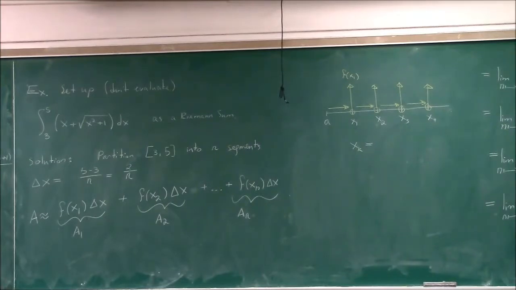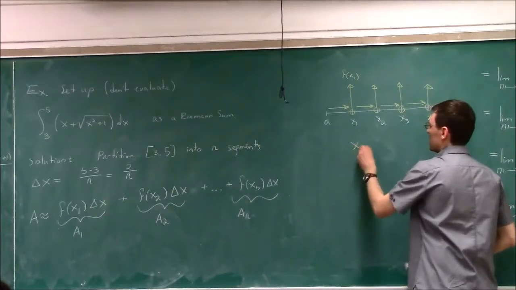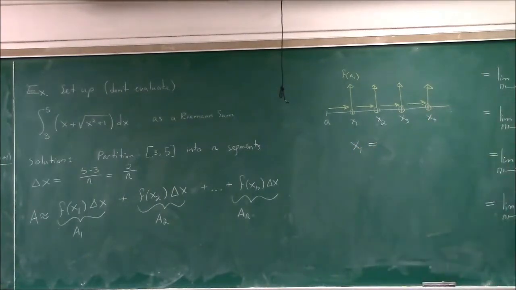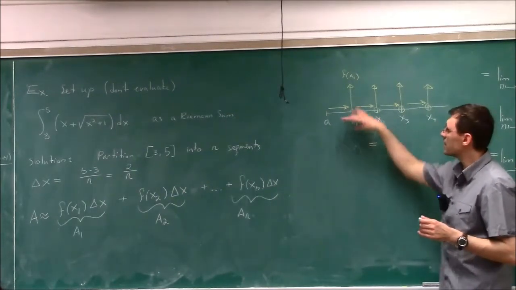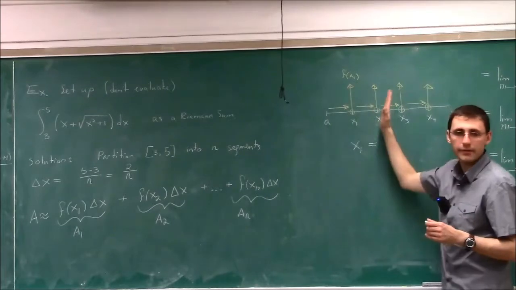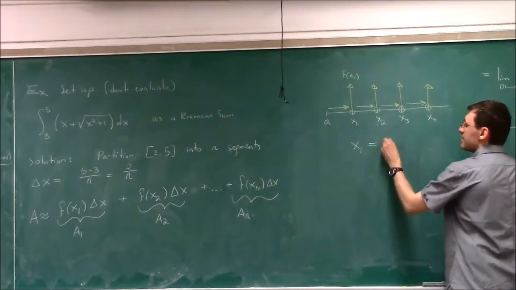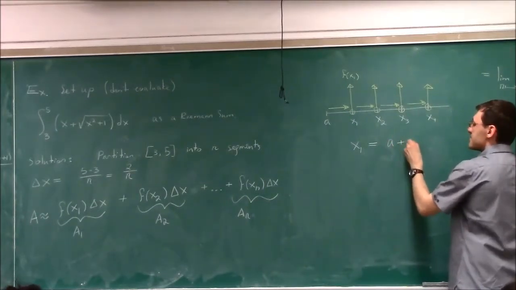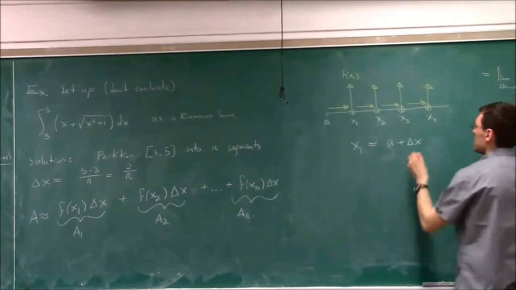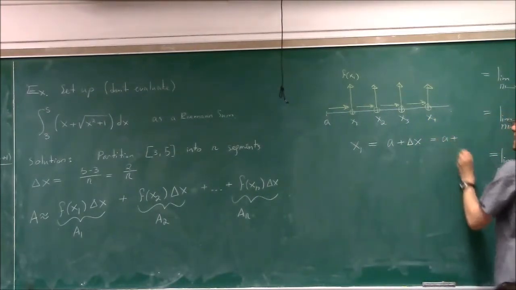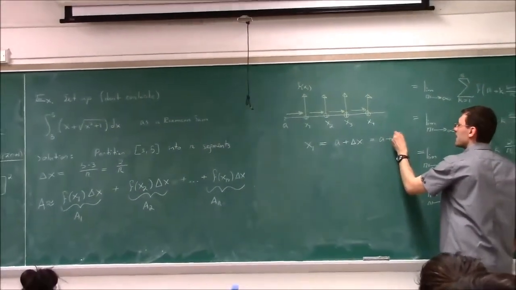If I do this motion this way. Is it x1? Well, let's begin with x1 then. All right. So what's x1? Exactly, right? So I need it in terms of n, because x1, x2 are going to be changing depending how many rectangles we have here. So they change with n. So x1 is a plus 1 delta x. You see? A and 1 displacement, which is a plus 2 over n.